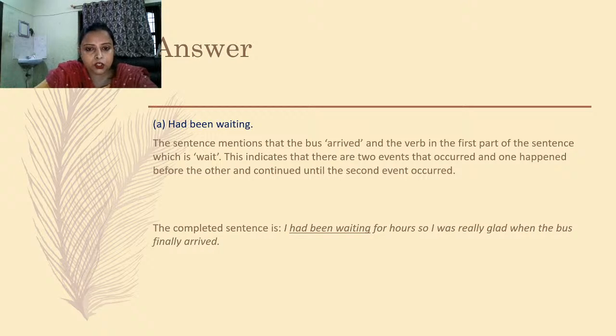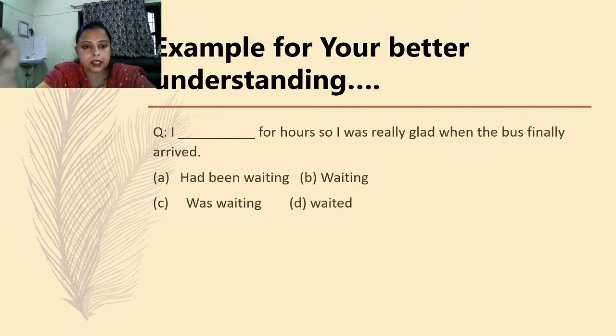The sentence mentions that the bus arrived. If you look at the sentence: I dash for hours, so I was really glad when the bus finally arrived. Answer is had been waiting. I had been waiting for hours, so I was really glad when the bus finally arrived.